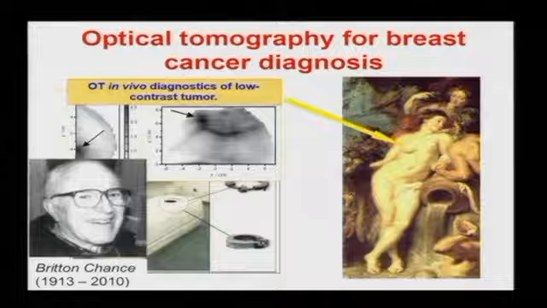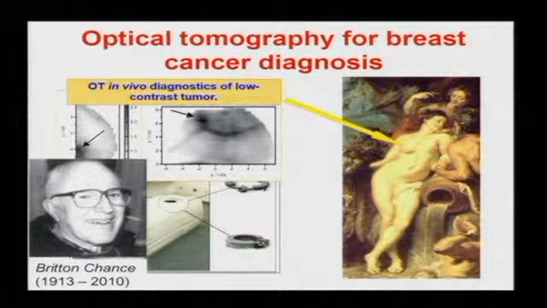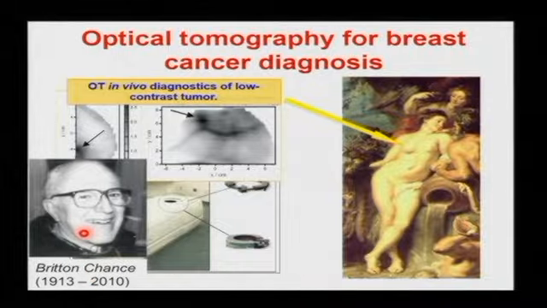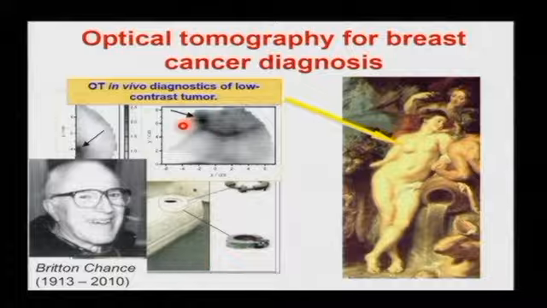And we, with Professor Britton Chance from the University of Pennsylvania, who was one of the pioneers of the idea to develop optical tomography, started to develop this optical tomograph.